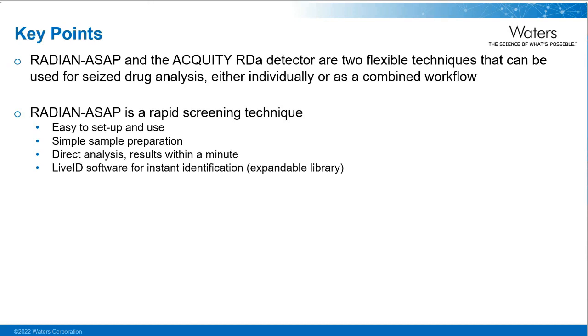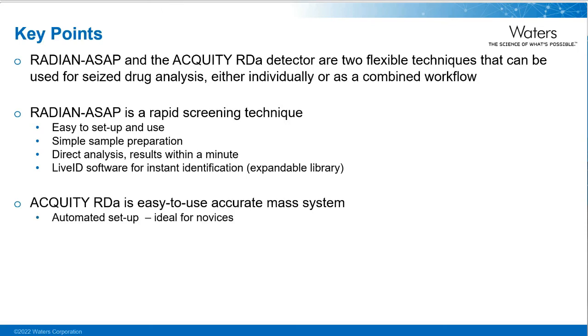The ACQUITY RDa has been shown to be an easy setup and use accurate mass system. There is no need for complex sample preparation, simply dilute and inject. The ACQUITY RDa is considered an entry-level time-of-flight instrument that offers accurate mass data and provides a novice user with confidence in reporting results.